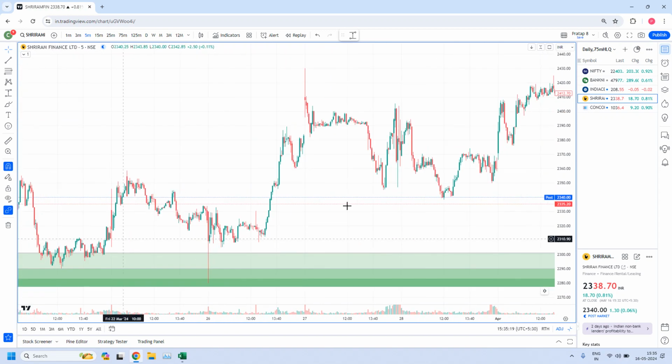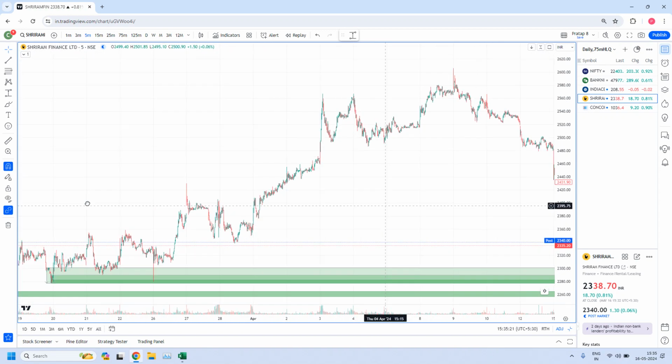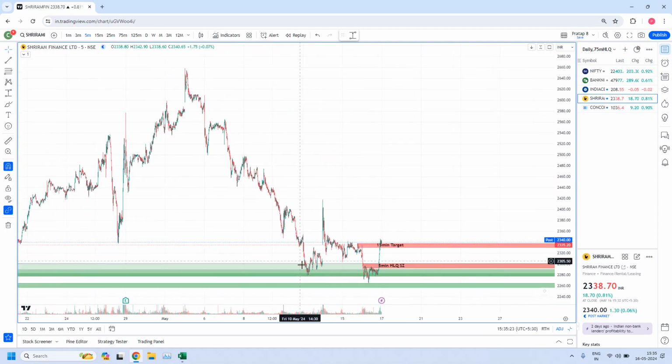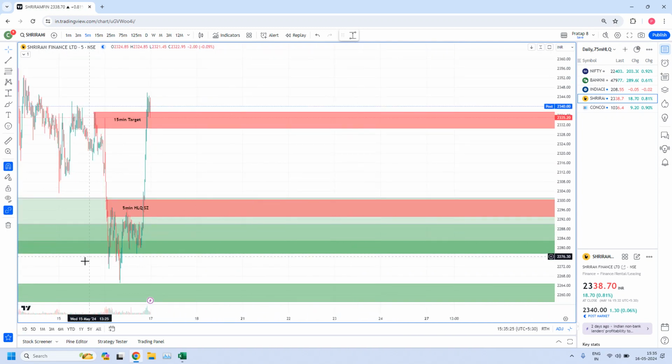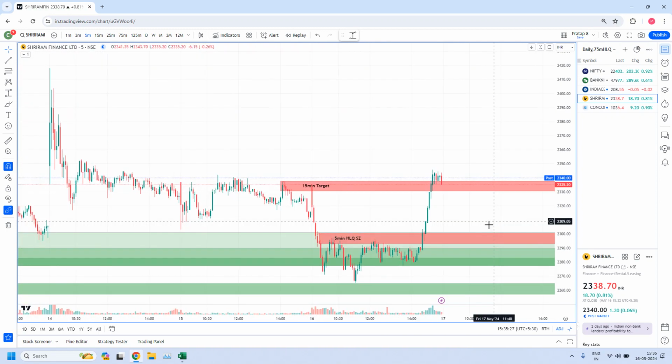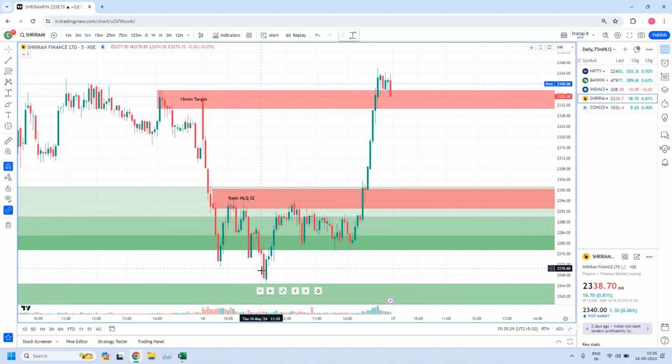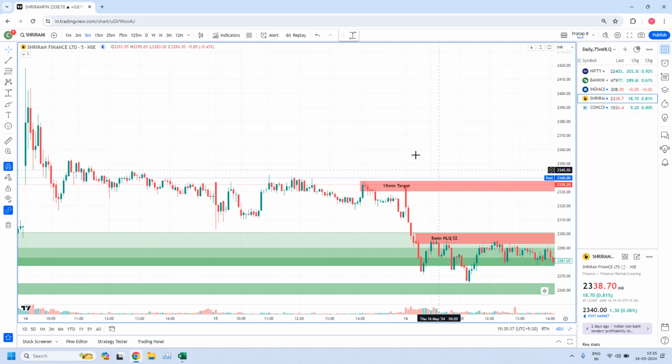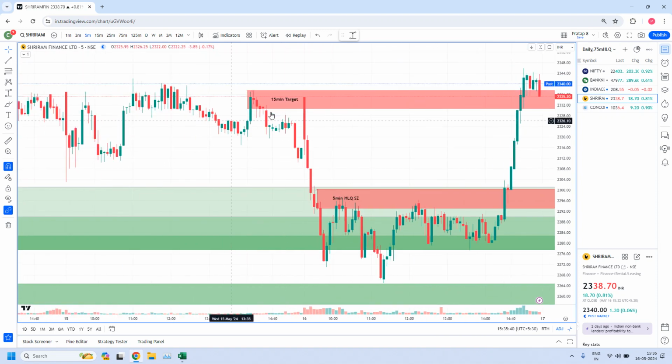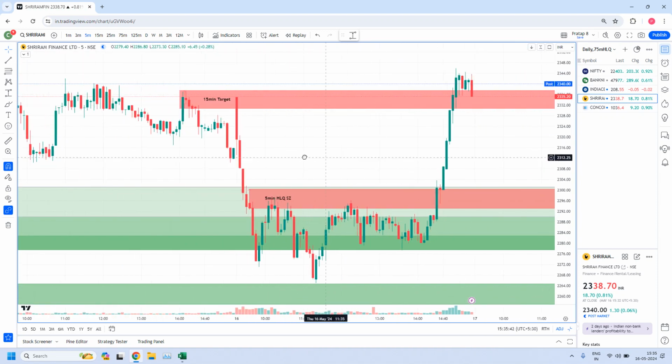See today what happened? Once this high liquidity zone is violated today, thereafter we just picked up the orders from this pro gap area. And then see the move. But here, this is the 15-minute target area.